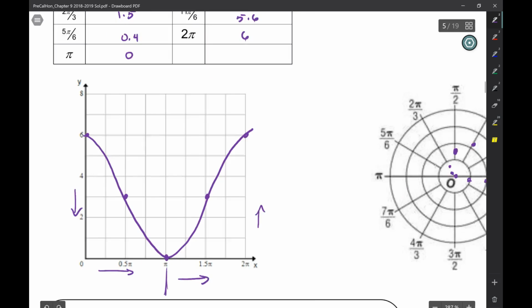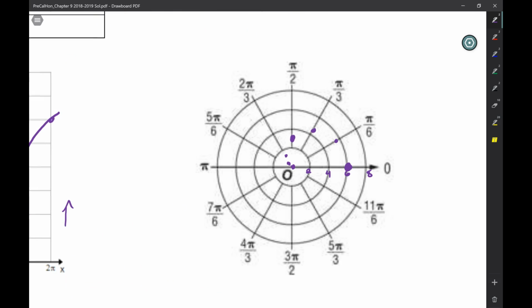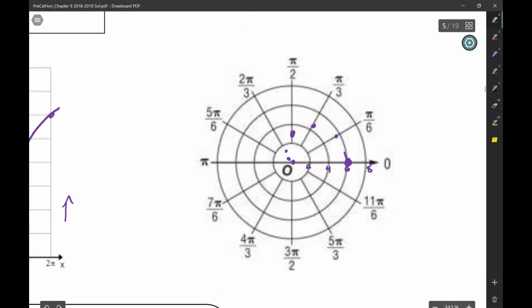So do you see what happened here? It came from here, here, here. And then look, it's curling inside. You see that? The radius was really big, and then it got smaller, smaller, smaller, and now it curled inside.